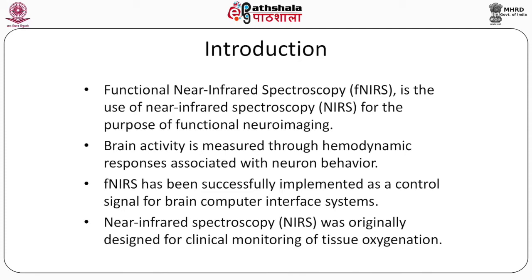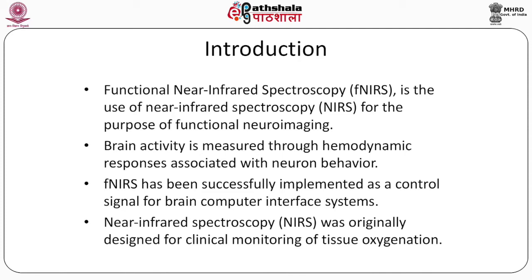There are various techniques of functional neuroimaging available today for imaging of various parts of the body. fNIRS is one of the most used functional neuroimaging techniques. Brain activity is measured through the hemodynamic responses associated with neuron behavior.